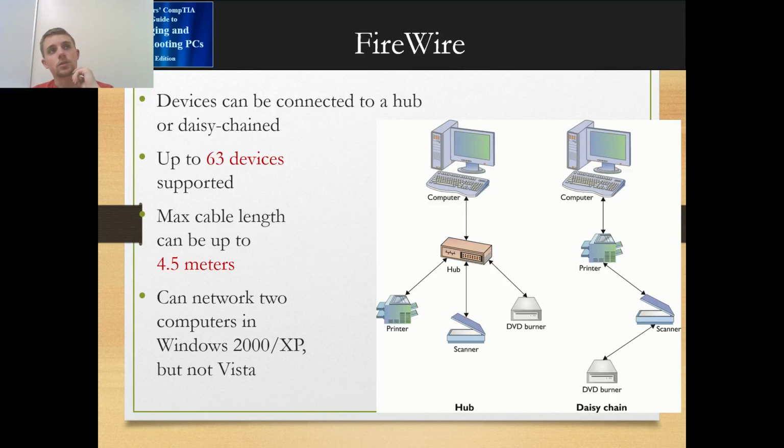Unlike USB, which has a 5-meter limit, this is a 4.5-meter limit, and it can support up to 63 devices as opposed to USB, which is 127. I don't know why you would network using FireWire now, but I guess you can if you have XP.